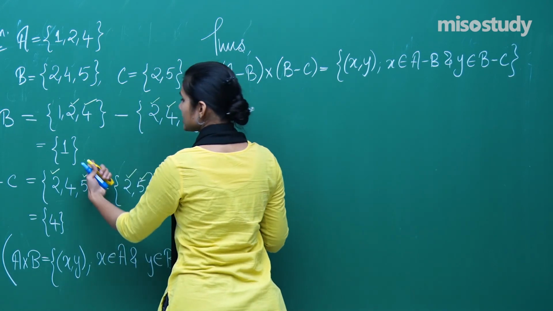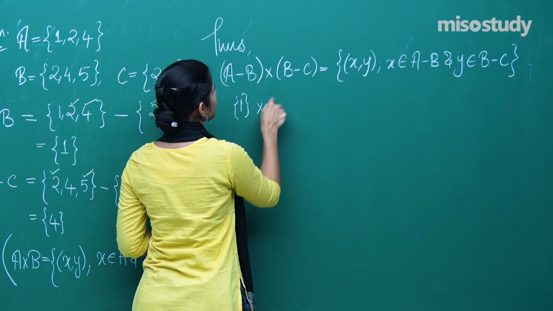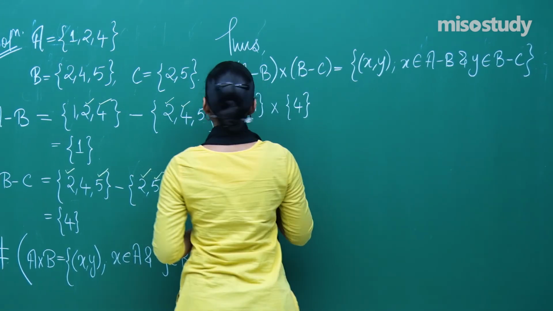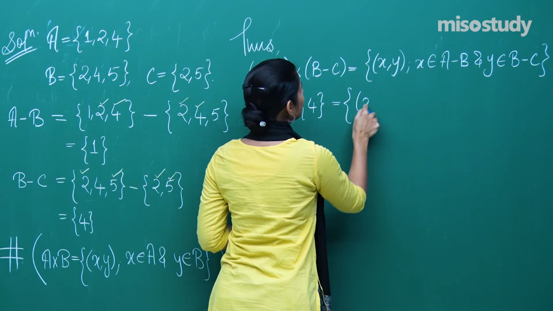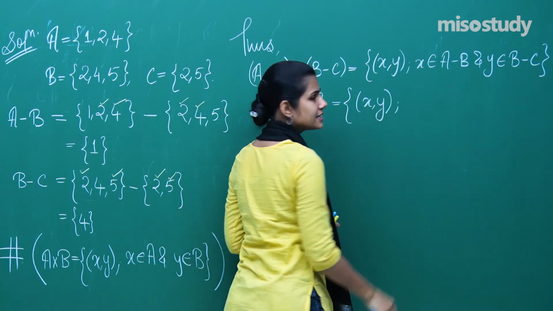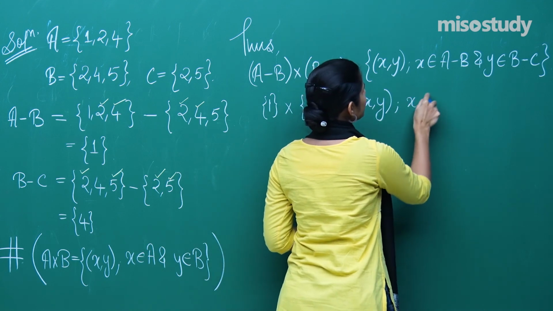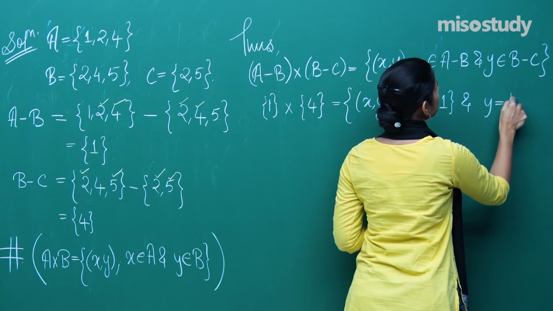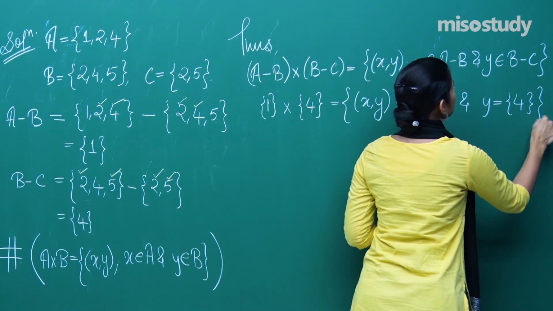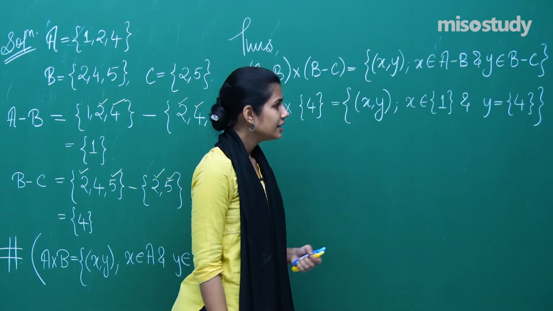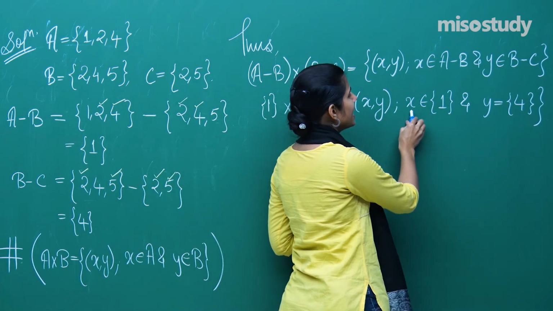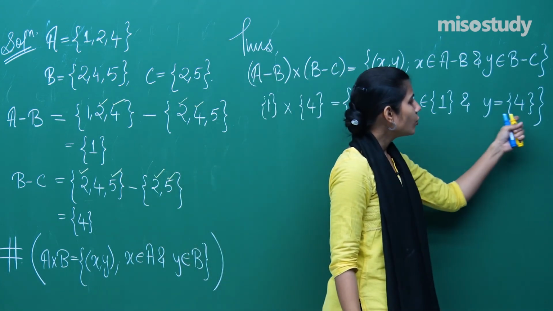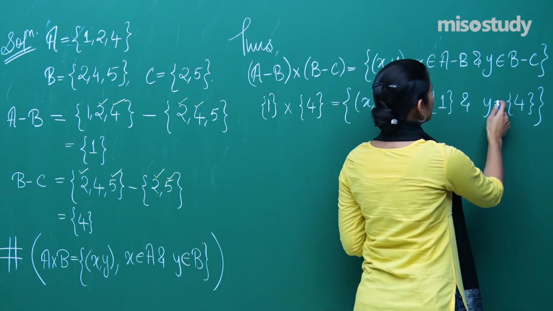A minus B is singleton 1, cross singleton 4, which is my B minus C. And therefore this happens to be the collection of all those ordered pairs x comma y such that x is coming from singleton 1 and y is coming from singleton 4. That means x has only one possibility, which is 1, and y has only one possibility, which is 4.